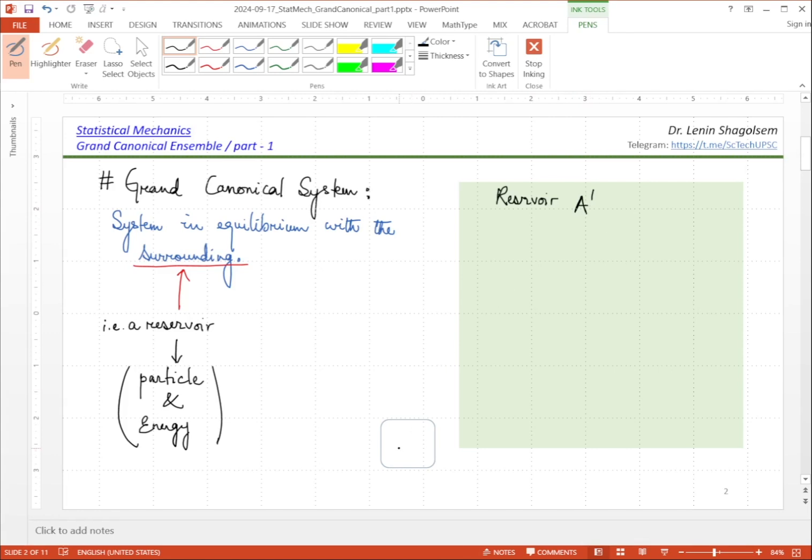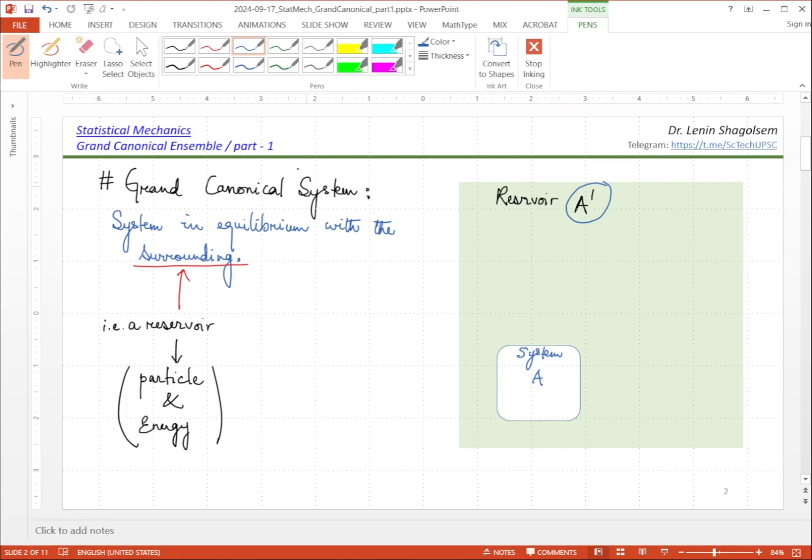Also let us consider a small system in contact with the reservoir. Let's call this system A. So we have a system called A dash, which is nothing but the reservoir, as well as a system designated as A, and this in fact is the system that we're interested in.